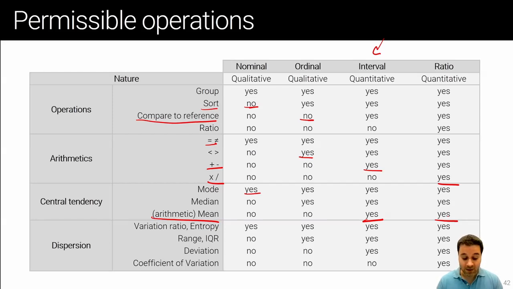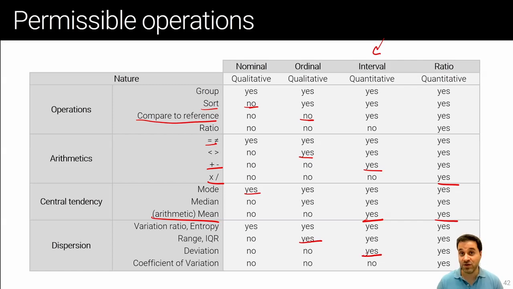And then we have measures of dispersion. What kind of things can we compute? If we have nominal variables, we could always do at least entropy and variation ratio. We again saw that in the lecture on exploratory data analysis. If we want to compute ranges, interquartile ranges, things like that, we need it to be at least ordinal. If we want to compute deviations, we need it to be at least interval.